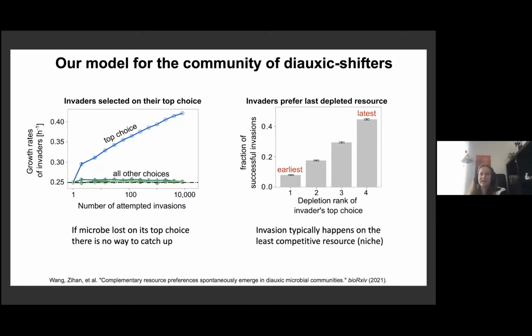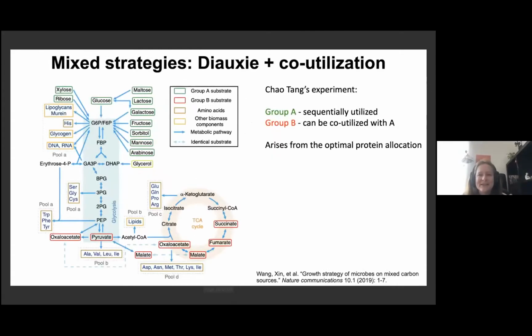But what it leads to is that in the final communities that get established, typically each microbe will have a different top resource. And we will have this nice separation of resource niches. And we think that this is a very cute result for such simplistic assumptions.